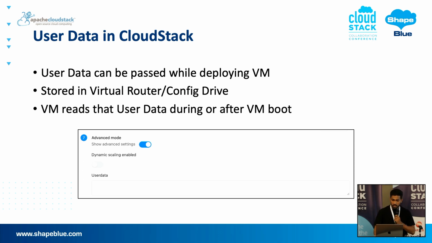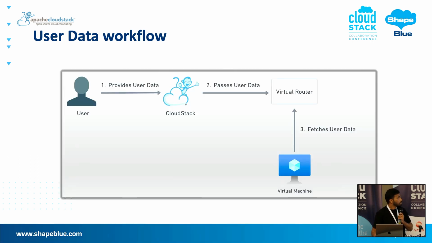This is a quick workflow of how the instance fetches the user data from the virtual router, or it can be config drive as well. The user provides the user data, and the management server passes it to the virtual router or config drive, and the instance will fetch the user data from that VR or config drive. It's that simple, it works.